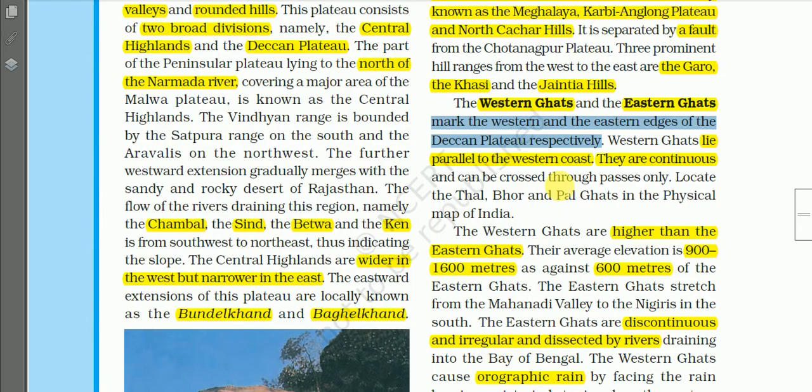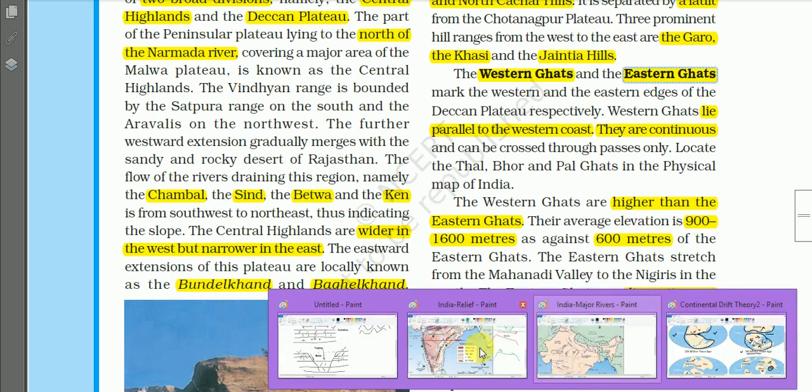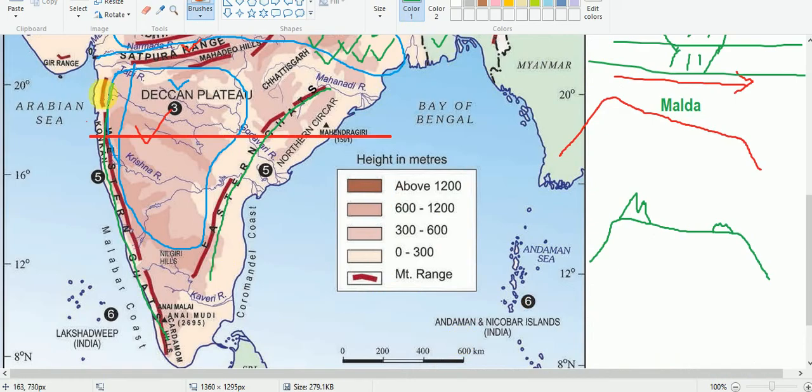Western Ghats lie parallel to the western coast, and they are continuous and can be crossed through passes only. So here we find the differences between the Western Ghats and the Eastern Ghats. Again, let us go to the map. See here, the Western Ghat is continuous, whereas the Eastern Ghat is broken.